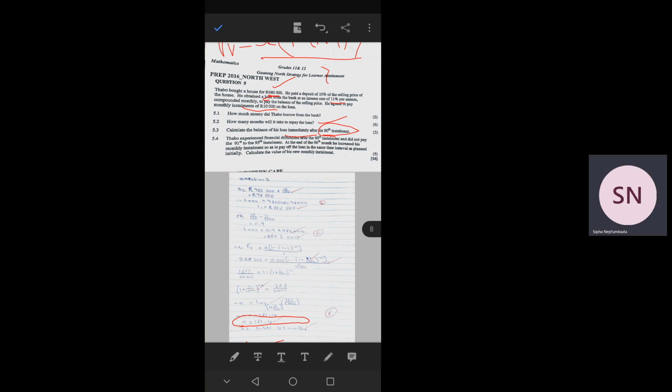He increases his monthly installment so as to pay off the loan in the same time interval as planned initially. Calculate the value of his new monthly installment.